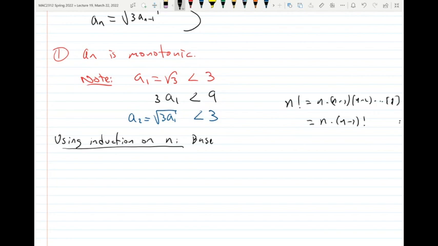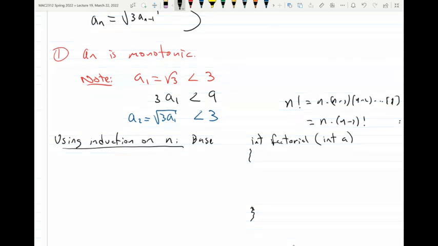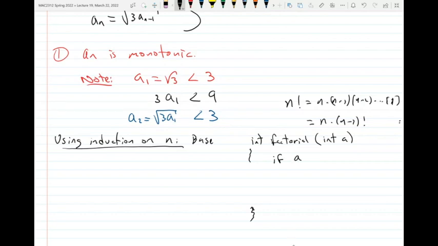So when you write your program, it will look something like this, depending on the computer language that you're using. But let's say that the output is going to be an integer, and it's going to take an integer. Let's call it a, and then you need to say, well, here is our stopping condition: if a is equal to 0 or 1, but we want to be able to do 0 factorial.